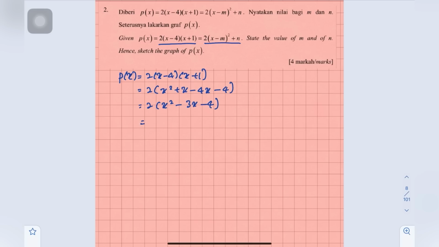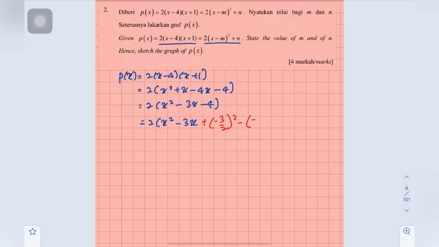Okay, so we are going to use the completing the square method to convert from this form to vertex form. So you have to add b over 2 squared. So minus 3x, then plus (negative 3 over 2) squared. Okay, negative b over 2 to the power of 2.